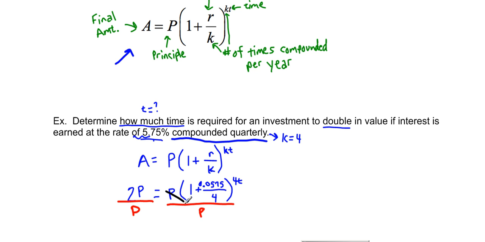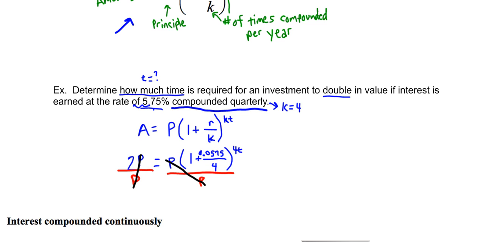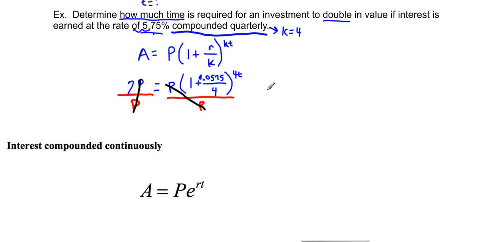Okay, so that's going to be P over P is 1. P over P is 1. So what that really does, I'm going to come over here, is that gives us 2 equals, in parentheses, and I might go ahead and put this in my calculator and get 1.014375.